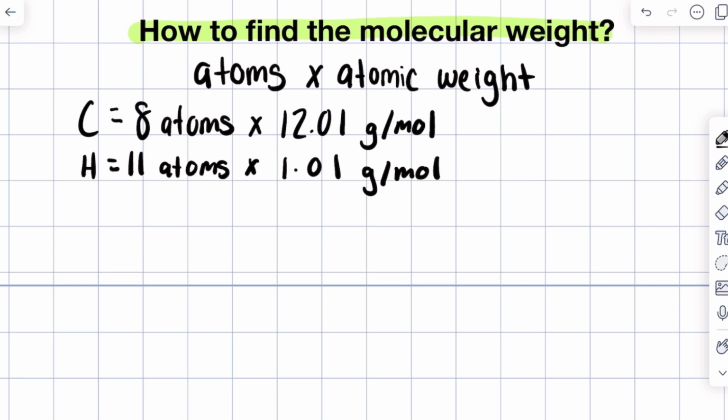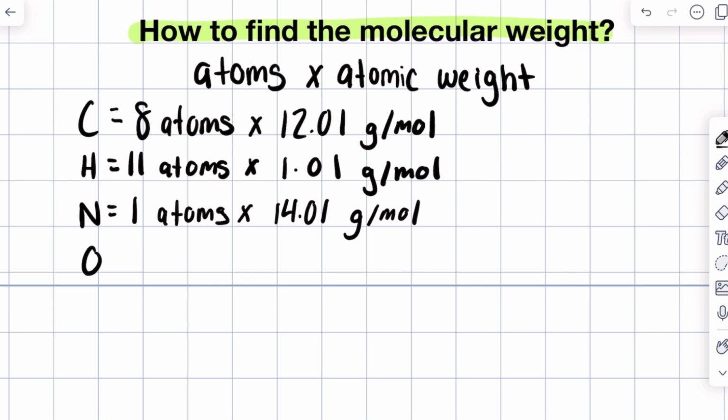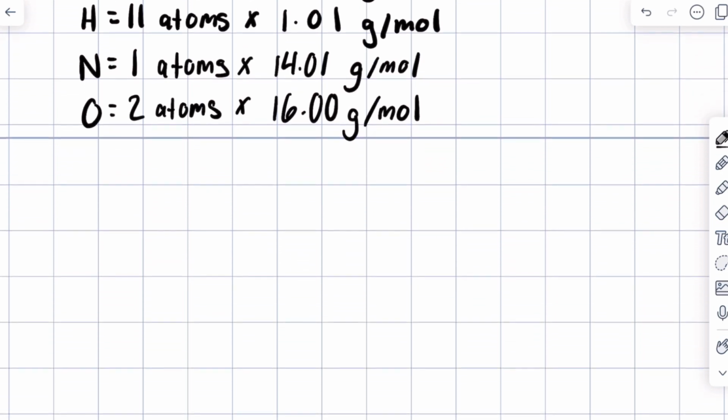Nitrogen has 1 atom, and we'll be timing that by 14.01 gram moles. And then oxygen, we have 2 atoms. We'll be timing that by 16.00 gram moles. Same process as before. We'll be combining all of those together to get the molecular weight at the end.